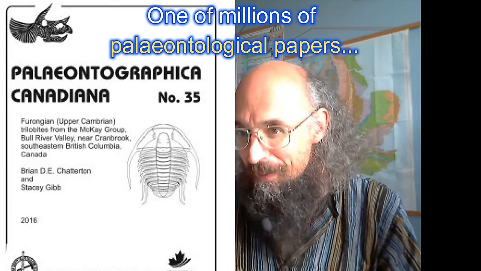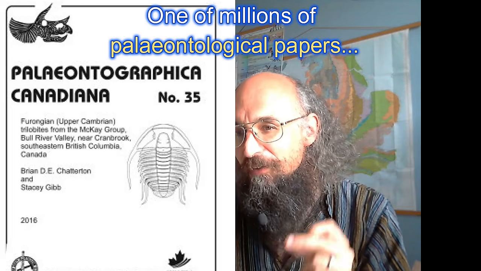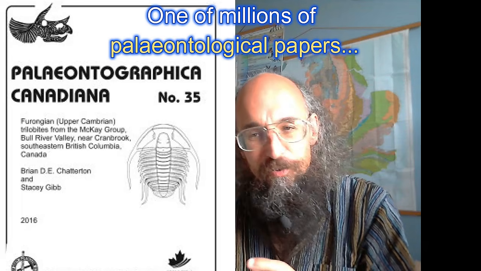And that's even for the described fossil record, the things that have actually made it into papers. So trying to assess the diversity of life through time is full of all sorts of problems, difficulties.